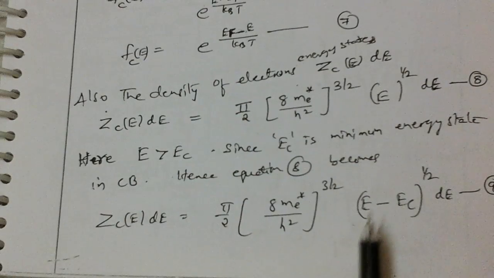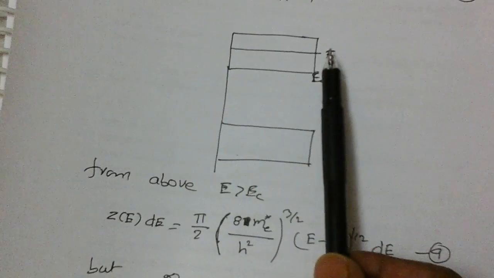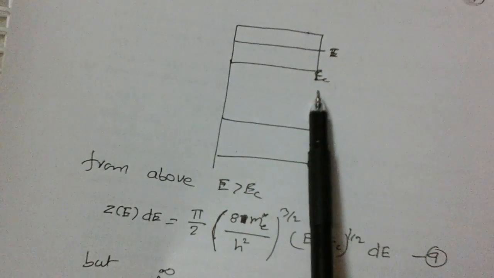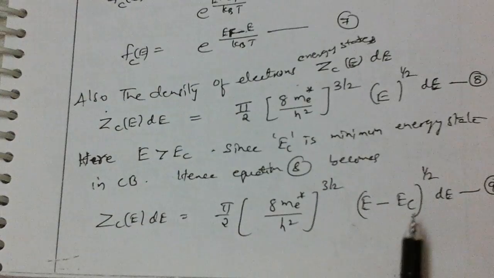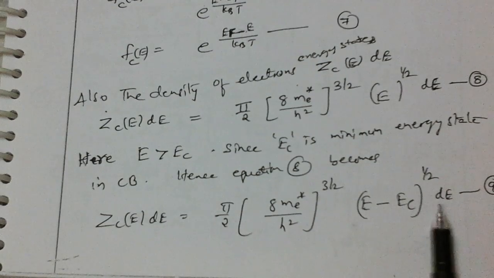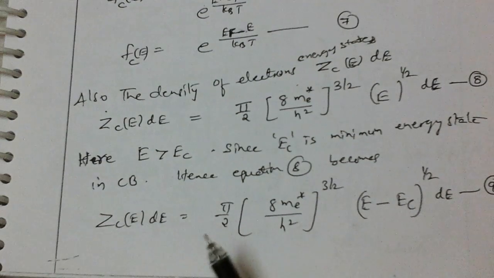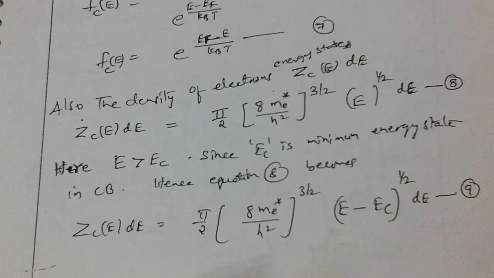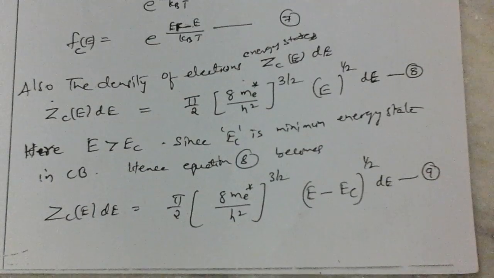That is why we write E first, then the bottom energy level of the conduction band. So we are substituting like this, with the whole power of 1/2 dE as it is. I am taking this equation as the 9th equation.